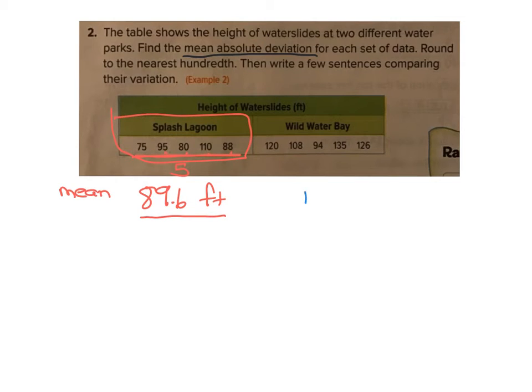Let's get the mean of the Wild Water Bay. And then we can compare the means, or the averages, before we get to the MAD. So we have 120 plus 108 plus 94 plus 135 plus 126 equals 583, and you divide that by 5, you get 116.6 feet.